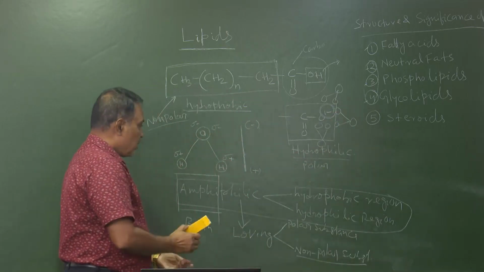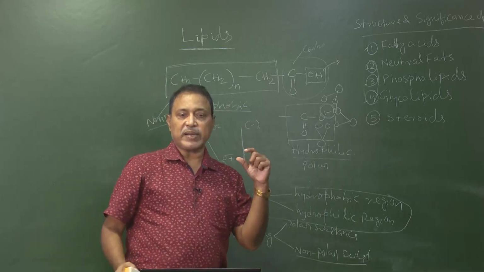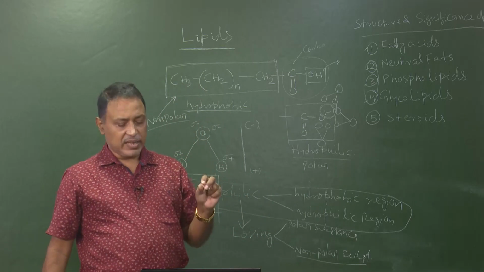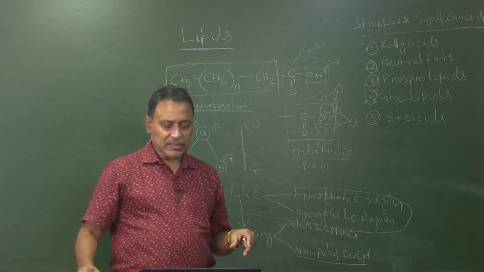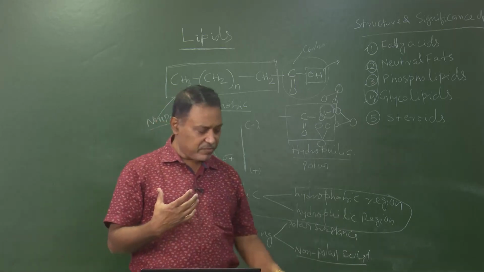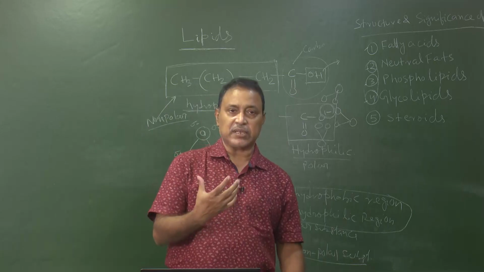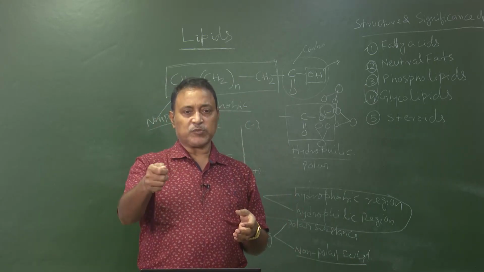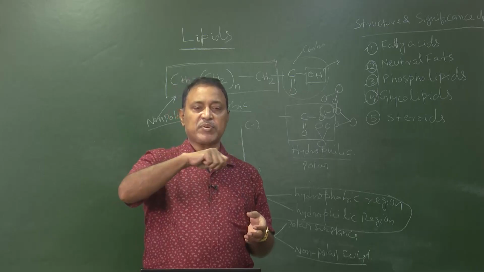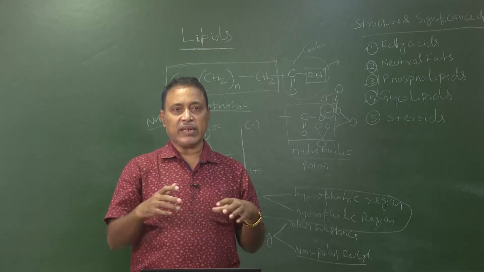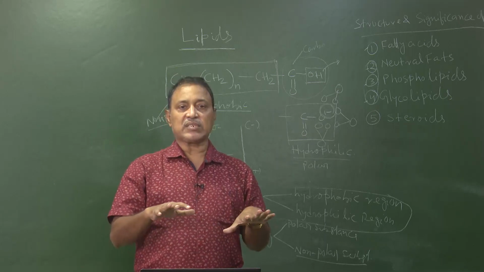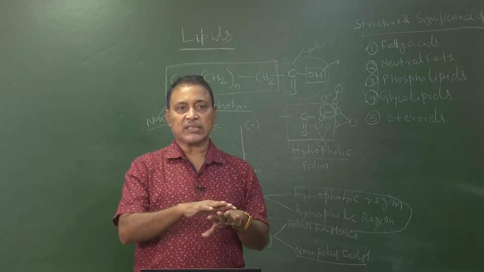So another characteristic feature of this fatty acid is that they are actually amphiphilic. It means what happens when there is an amphiphilic substance. If we take water, put a spoonful of such amphiphilic substances in it, then shake the water, we will find that these molecules are present on the surface.